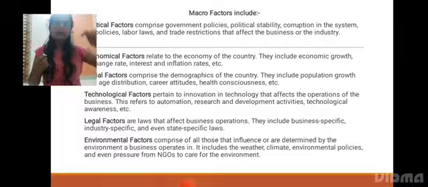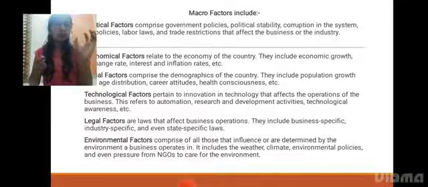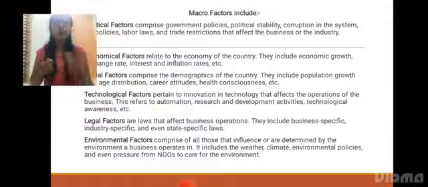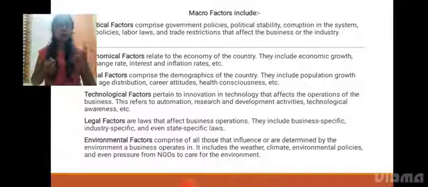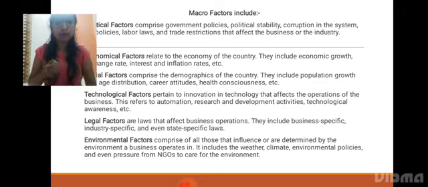So that rate is also increasing. If I'm paying a high interest rate to the bank for any kind of loan, all these things happen because of the economic factors.